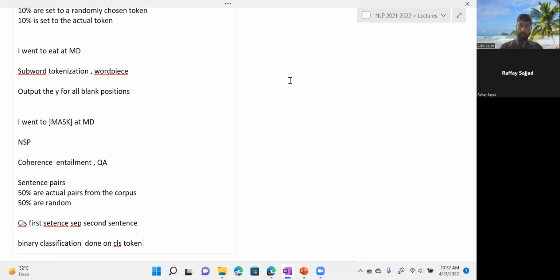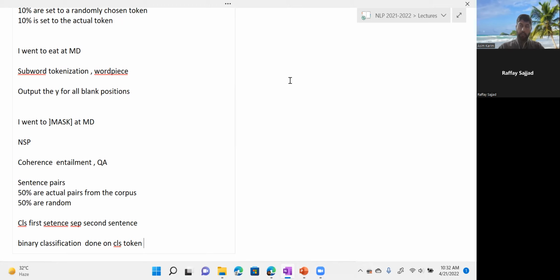So, of course, here we'll use a softmax, or you can even use a simple sigmoid as the output layer, and you can train the model using the cross entropy. Okay?